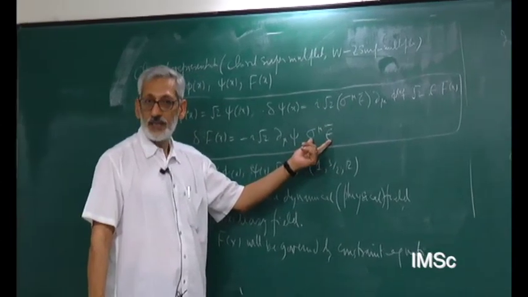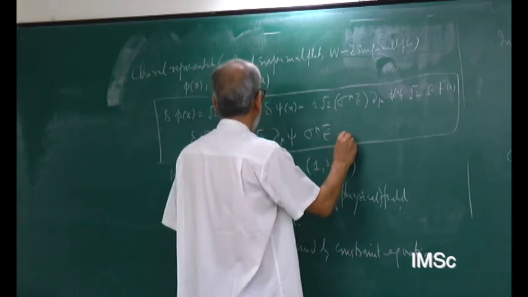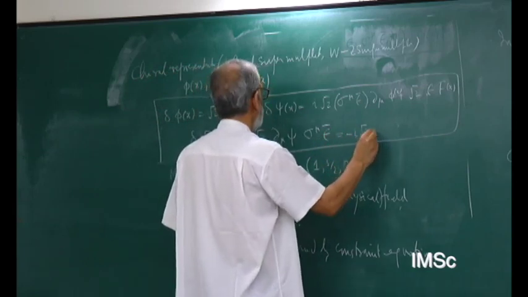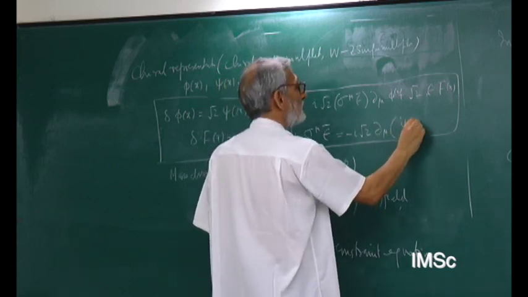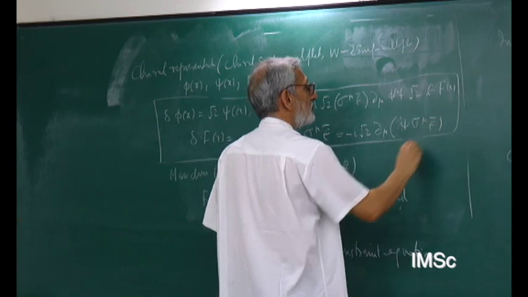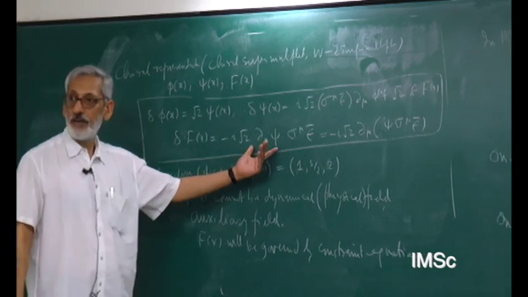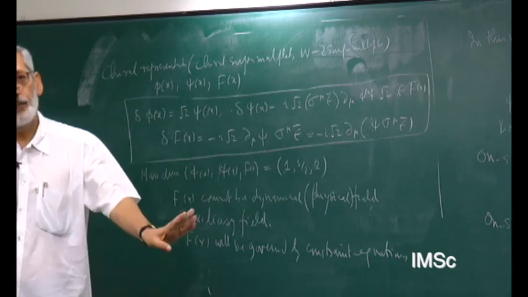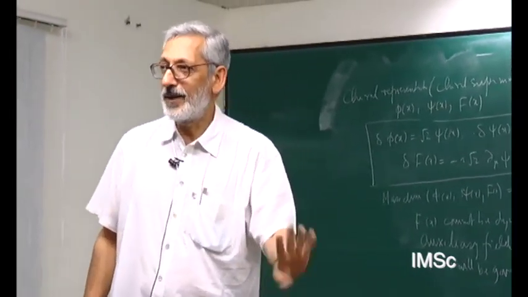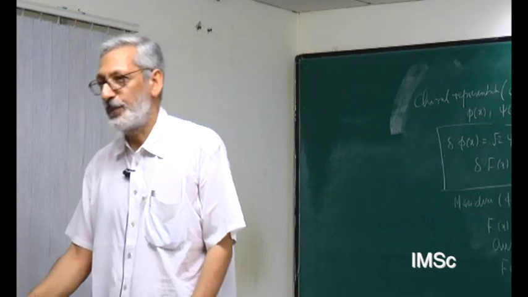Epsilon is space-time independent, so I can just rewrite this as a total derivative. So is the F star transformation. This is an important property: auxiliary fields transform by total derivatives. Okay, we stop at this.